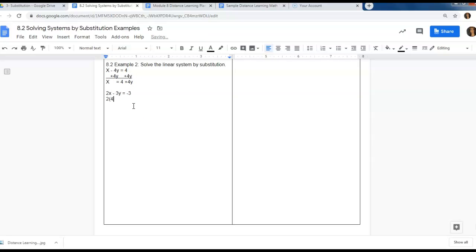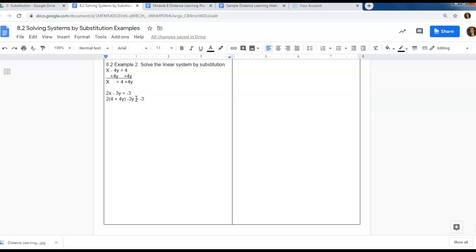So I put 4 plus 4y in close parentheses. So this was 2 times x, so 2 times the value of x, which is 4 plus 4y. And then there's a minus 3y, equals, there's an equal sign, and negative 3.